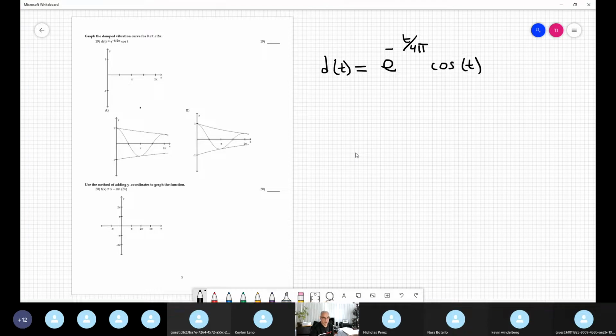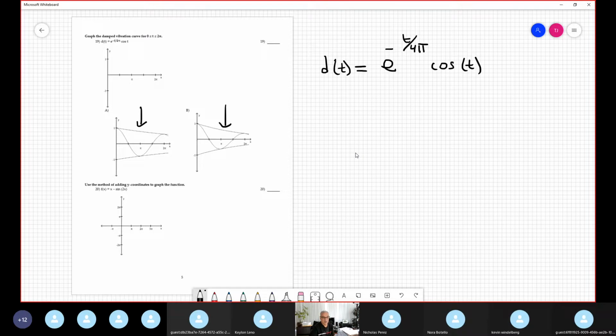Actually, I don't know if it's this answer or this answer because this is crazy. However, I do it in Desmos to see. I put this equation in Desmos, and you see that. In real life, in the test, we have no multiple choice. So I do the graph of this. Graph the damping vibration curve.